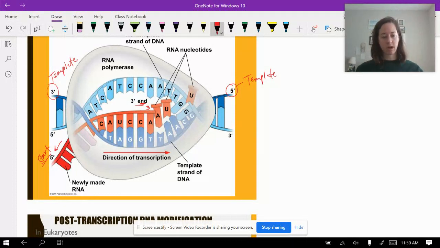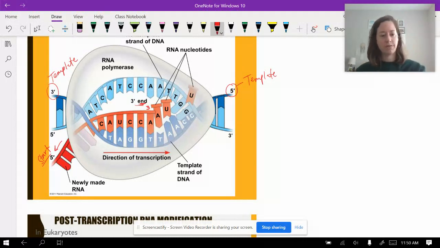So you're running 5' to 3'. And then you can see which letters are complementary, of course, remembering that A's and U's pair together in mRNA instead of A's and T's. So here's a T on the DNA, it's pairing with an A. Here's an A on the DNA, it's pairing with a U, because there are no T RNA nucleotides, no red T's.